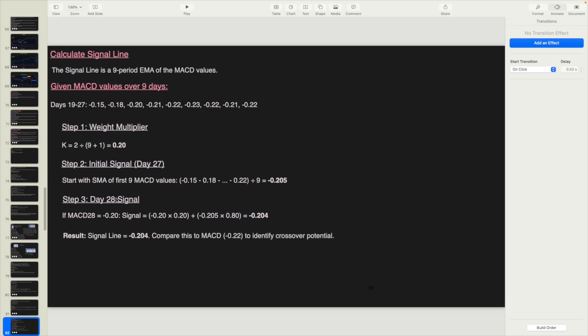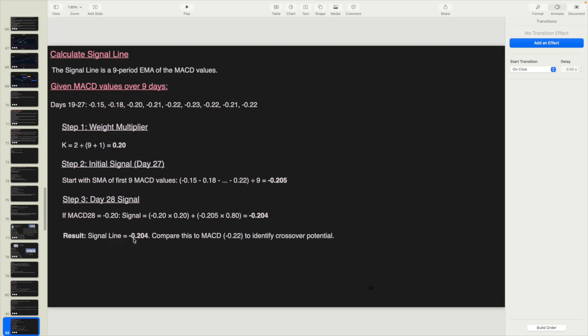Now we want the day 28 signal. For day 28, we don't have the MACD value, so we have assumed the day 28 MACD value as minus 0.2. So the signal value will be minus 0.2 into 0.2, plus minus 0.205, which is this SMA value, into 0.8, which gives minus 0.204.